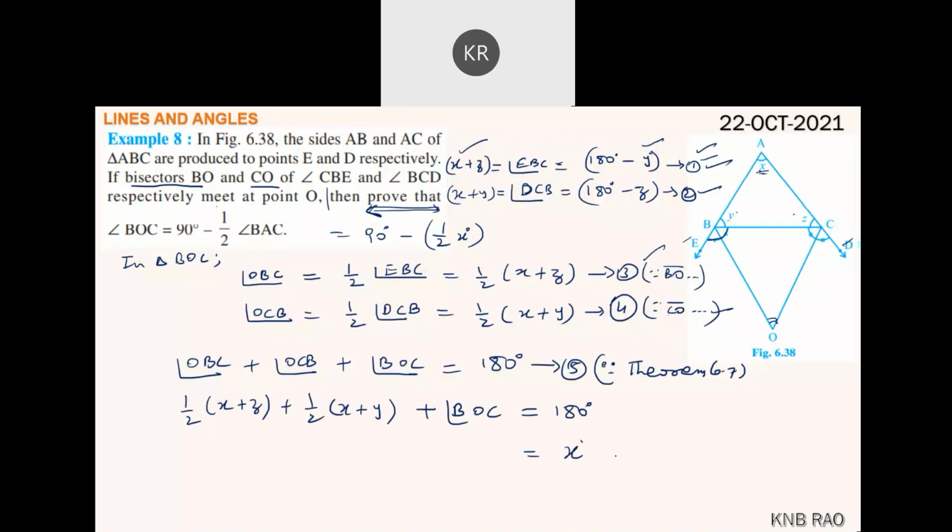Very good. Why 180 degrees? Angle sum property. In triangle ABC, angle A plus angle B plus angle C equals 180 degrees by angle sum property.